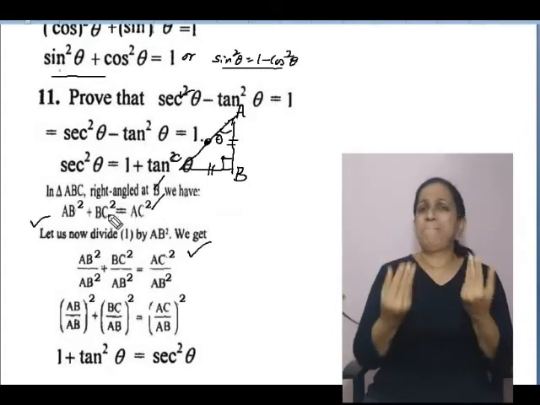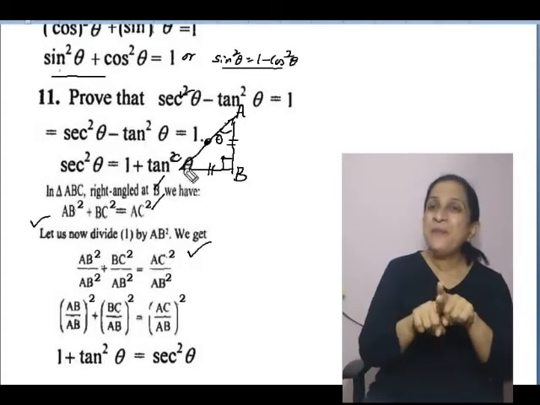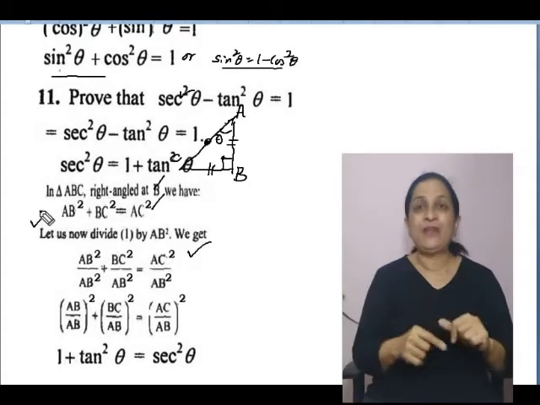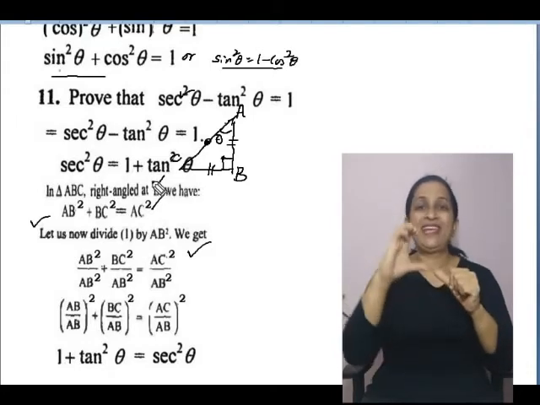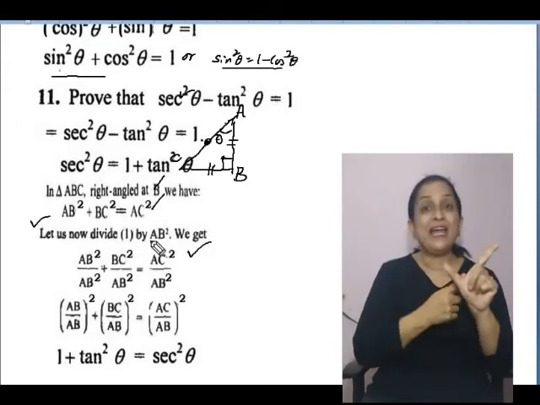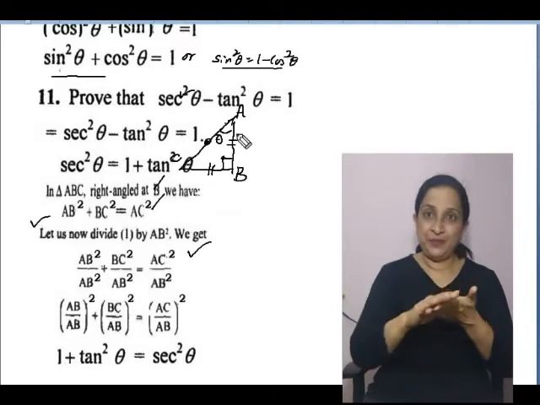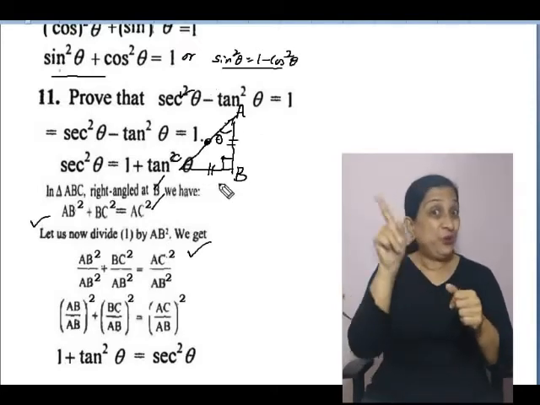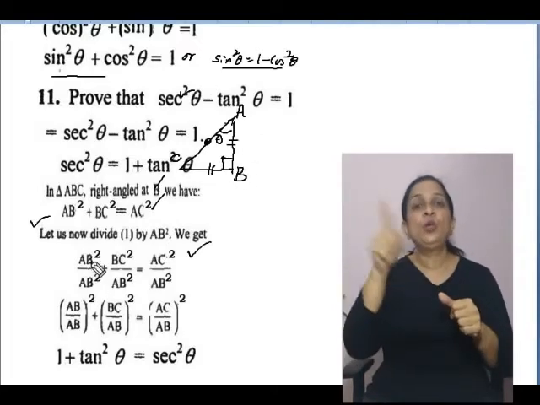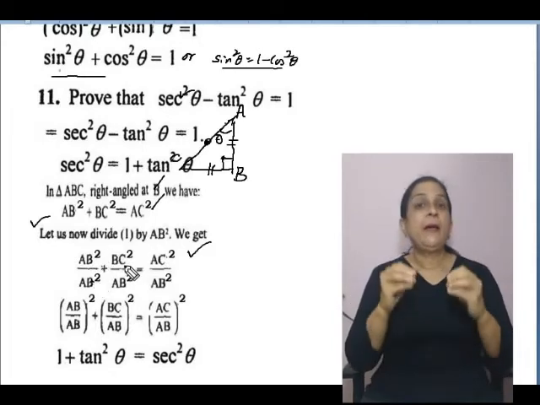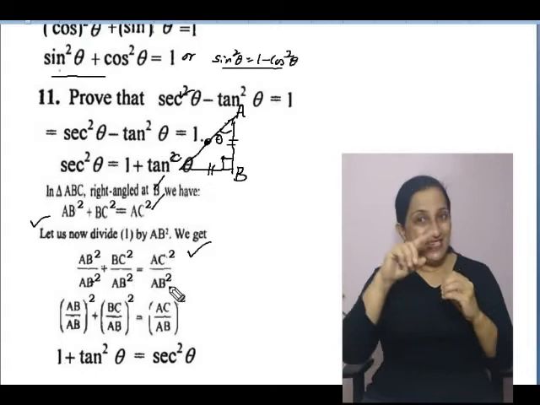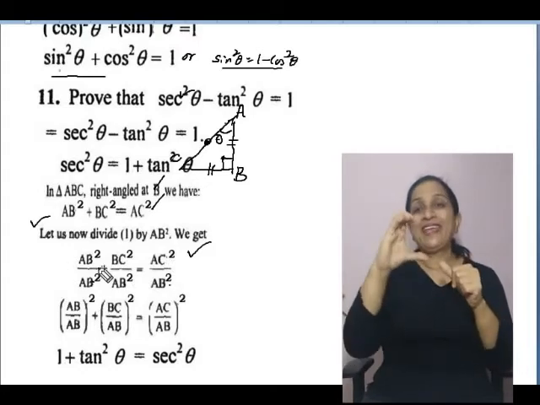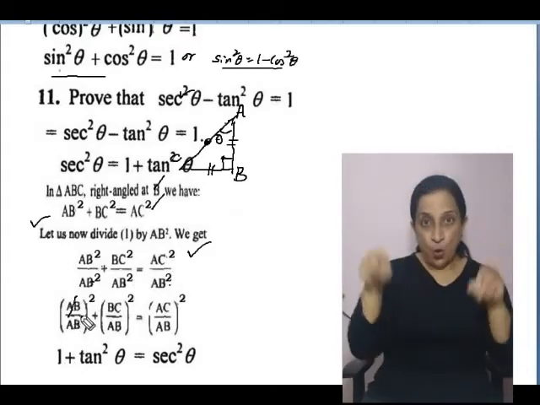Now again we come to the same triangle, AB squared plus BC squared is equal to AC squared. This is the standard thing we will put, and then you divide by AB squared. Earlier you divided by AC squared, now you divide by AB squared. So AB squared upon AB squared plus BC squared upon AB squared is equal to AC squared upon AB squared. So this becomes 1.